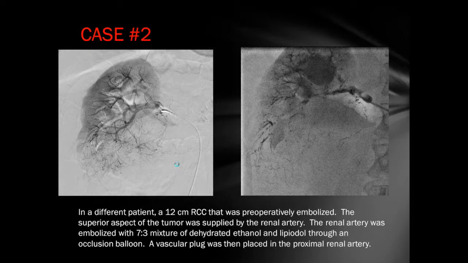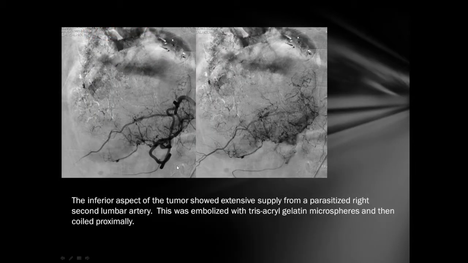The lumbar artery is a very commonly parasitized vessel in these cases. In this case, the right second lumbar artery was the culprit. This was selectively catheterized. The selective angiogram demonstrates this intense vascular supply to the inferomedial portion of the tumor. That was the avascular space seen on the original renal arteriogram.